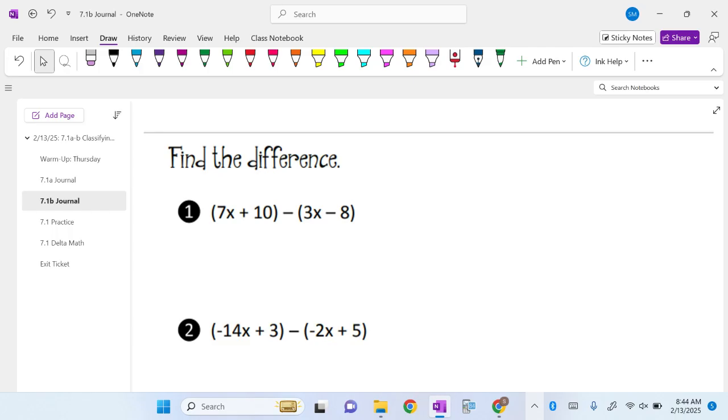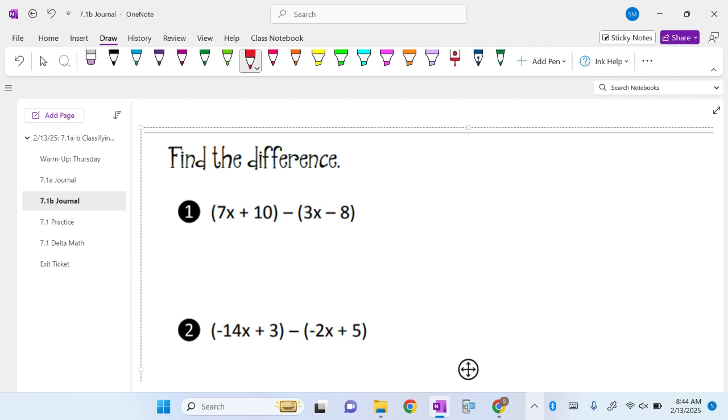So let me ask you this. We got this negative right here. And it's outside a set of parentheses. What do you think we're going to do? Doesn't this part right here look like a distribution problem?